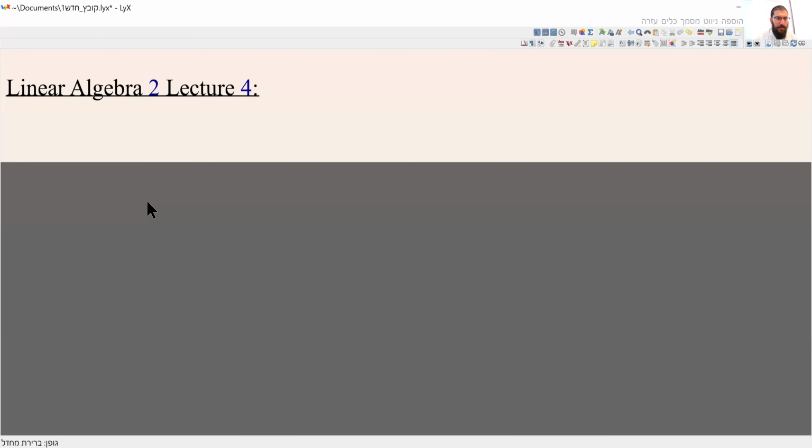First of all, the coefficient of lambda to the power of n minus 1 is the negative of the trace of the matrix. Remember, the trace is the sum of the elements on the diagonal.